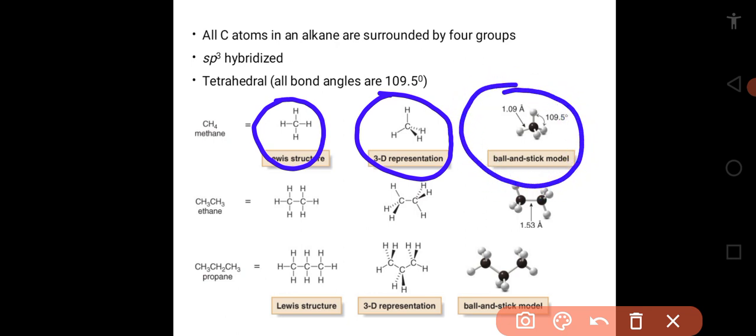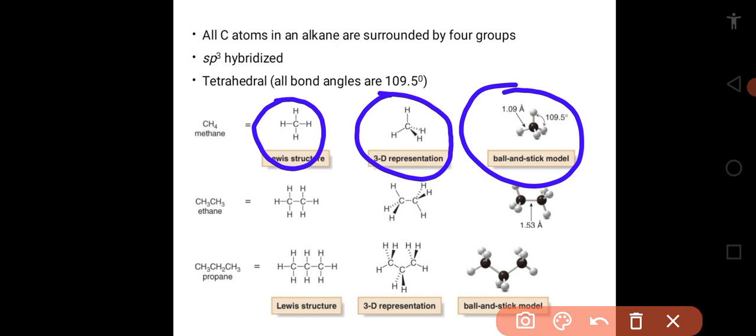So we have like four ways of representing organic compounds: the Lewis structure, the 3D structure, the ball and stick structure, and the skeletal structure.